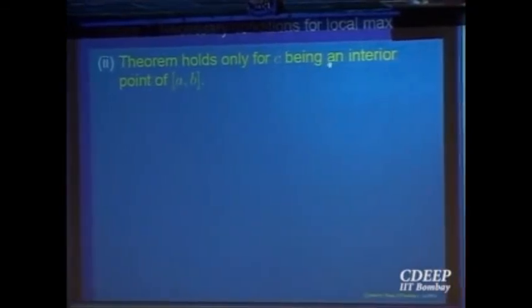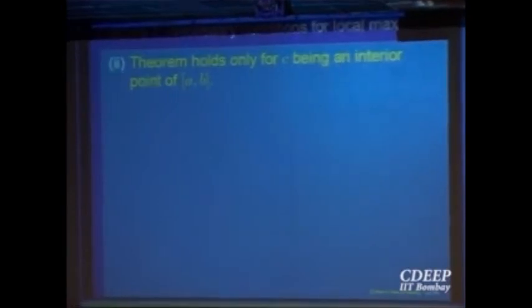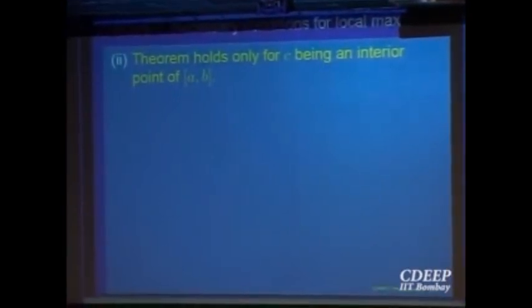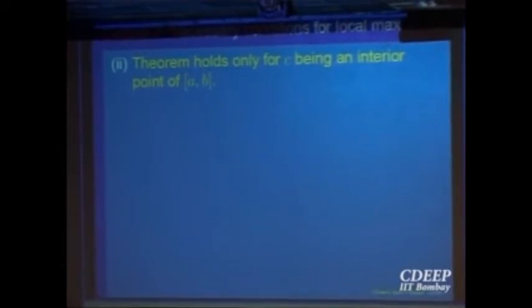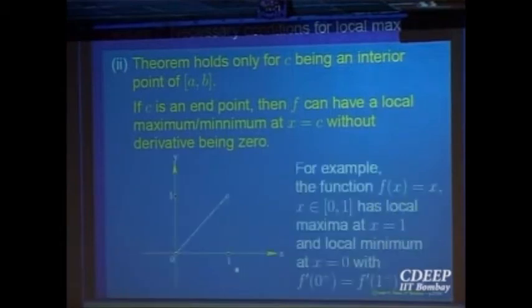So once again, it holds only for interior points. That is very important because we are going to look at left hand and right hand limits of the derivative in the proof. So it works only for points which are interior points. If it is an endpoint, a function can have a local maximum or minimum without the derivative being 0, because at the endpoint the derivative will be only a one-sided derivative, right?